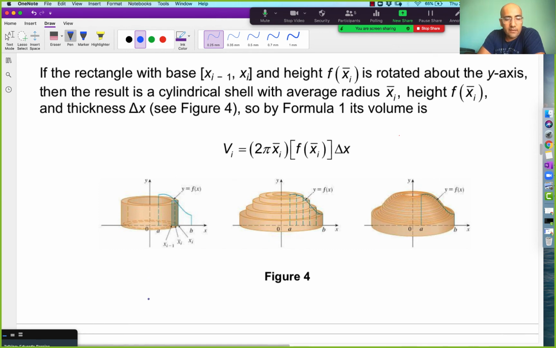So if I think about the volume of that particular one, remember that if I slice it up and roll it out, it'll be almost like one big rectangular prism. And I need a width. The width will be delta x. That's going to be this width.